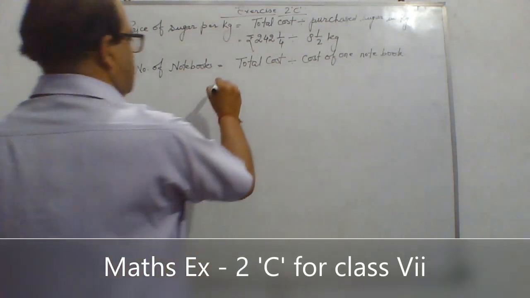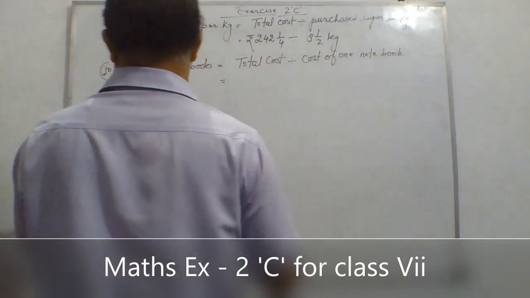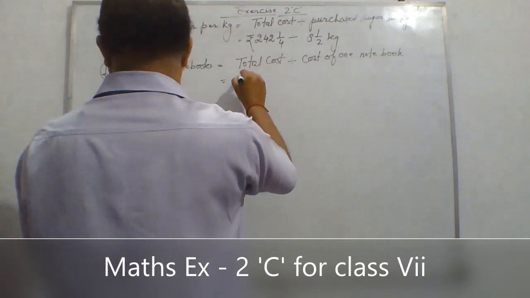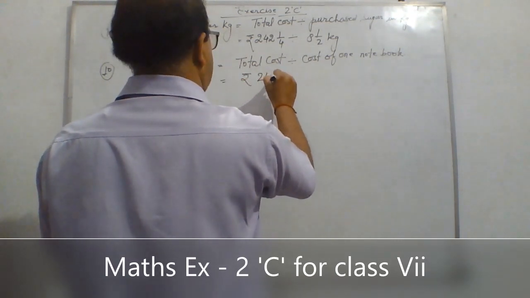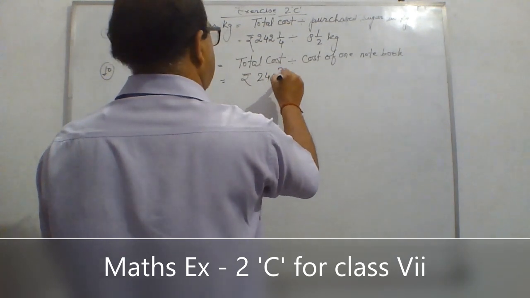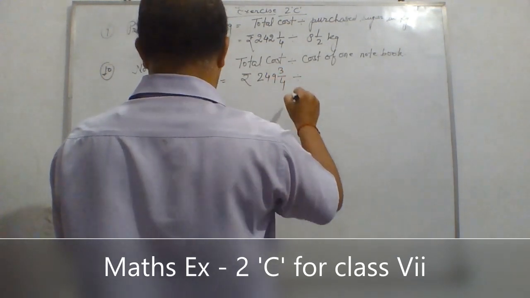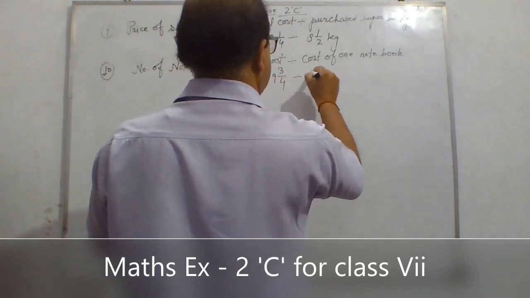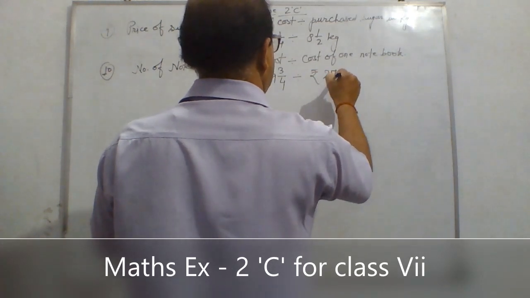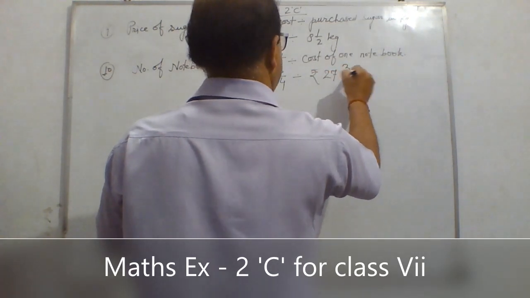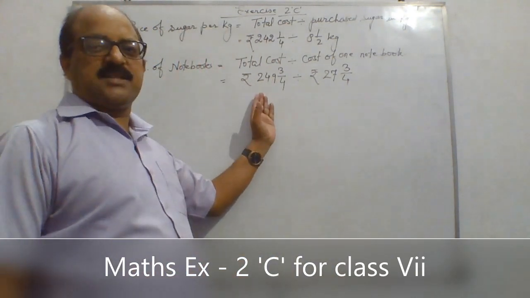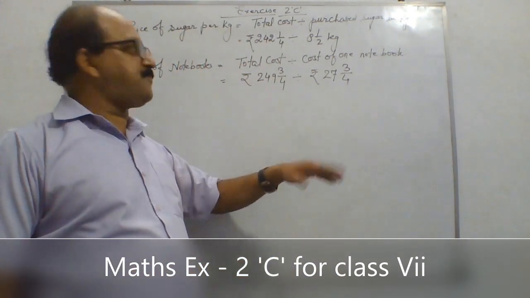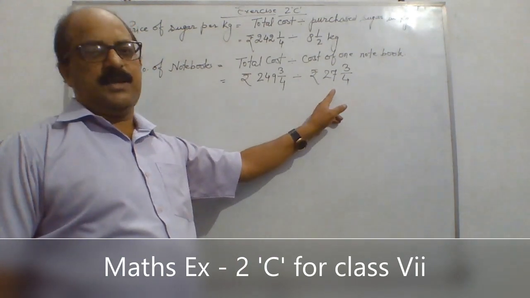Very simple. Rupees 249 whole 3 by 4 divided by rupees 27 whole 3 by 4. The mixed fractions will be changed into improper fractions, and after that you will divide.